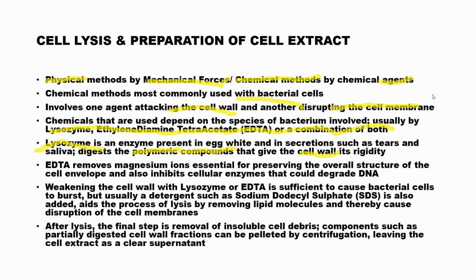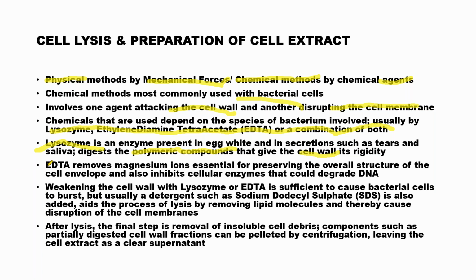So in the case of a bacterial cell, you have peptidoglycan. It is a polymer. Phospholipid is also a polymer. So all those polymeric compounds are digested by the enzyme lysozyme. These polymeric compounds are providing rigidity to the cell wall. Fine. So that is about lysozyme.